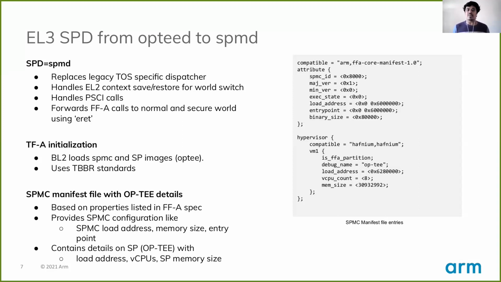It also lists the secure partitions that need to be loaded, as shown here: whether the secure partition is FF-A aware, what the name of the secure partition is, and how many vCPUs it consumes. These manifest files are combined together in the FIP image, which will be consumed by the SPMC during the init phase.